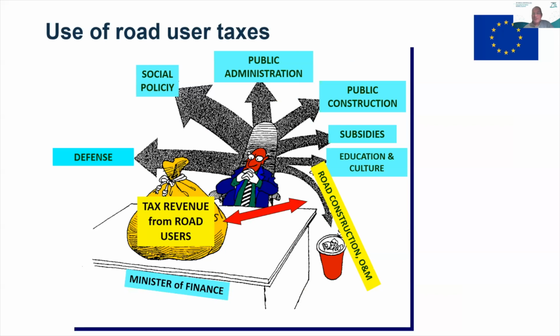So this is a very old cartoon, which I think Cesar knows well. This comes from Latin America. I just put English titles on top because this was about road user funds. This was the World Bank approach in Latin America. More than 50% of tax income is siphoned off because there is the principle of non-dedication of taxes. This is generally applied. Finance ministers, they have lots of other concerns, and only 50% or less are reinvested in the sector.